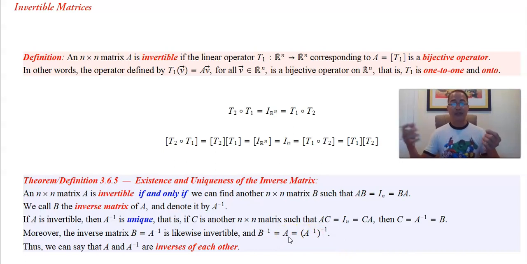X inverse inverse gives you back X. But this time, the A is a matrix. So, as usual, we can say that A and A inverse are inverses of each other.